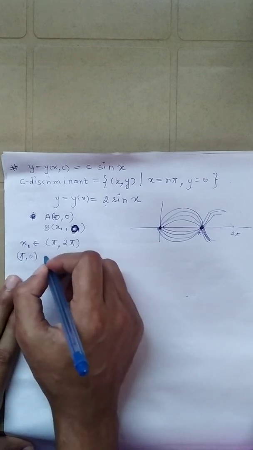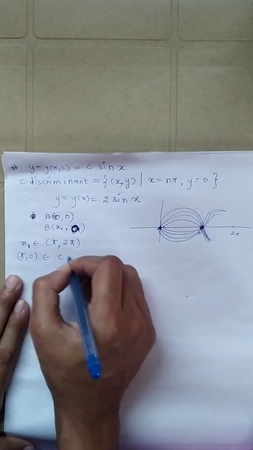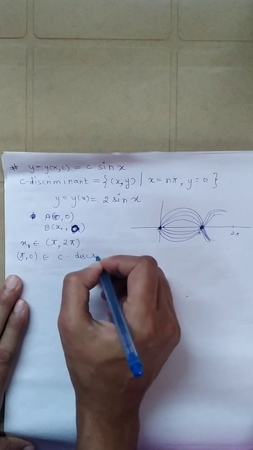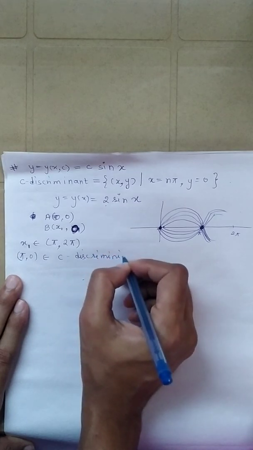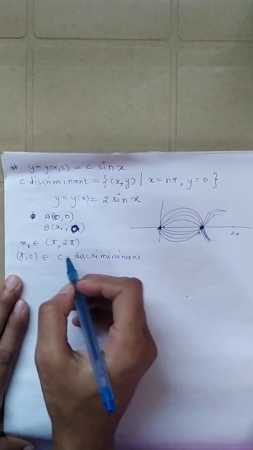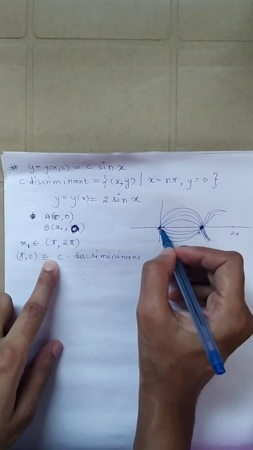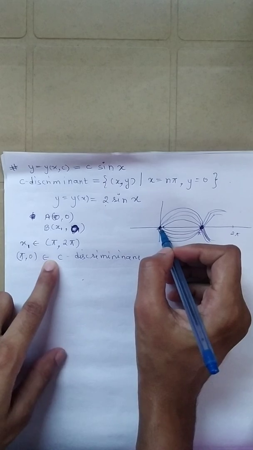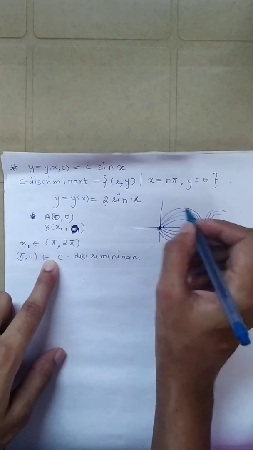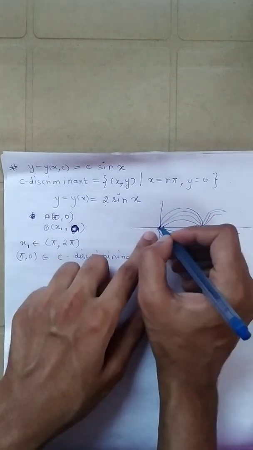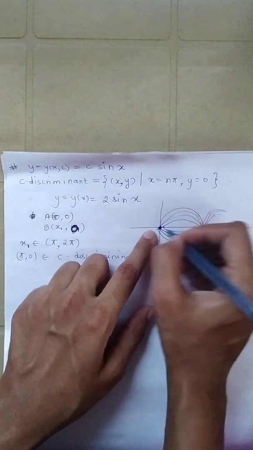which belongs to the C discriminant. Now this arc AB has the point (0, 0), but that is the center of this pencil of curves, or the center of this central field.